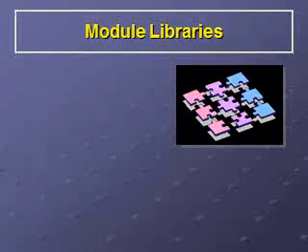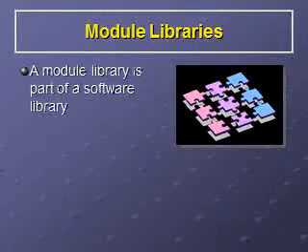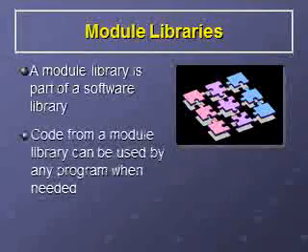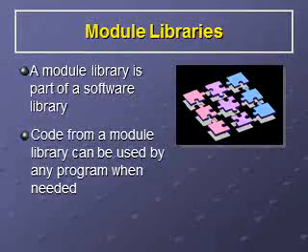Now, it doesn't matter what type of language you use, whether it's event-driven or procedural. Declarative is a little bit different here, I suppose, but you can access module libraries. Now these are parts of a software library which can be used by any program when required.